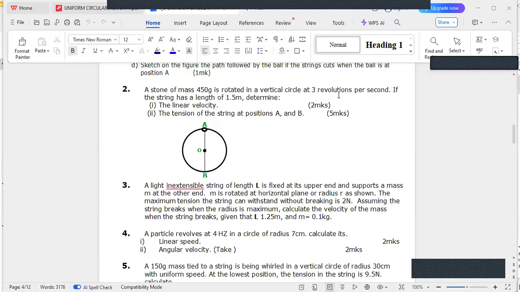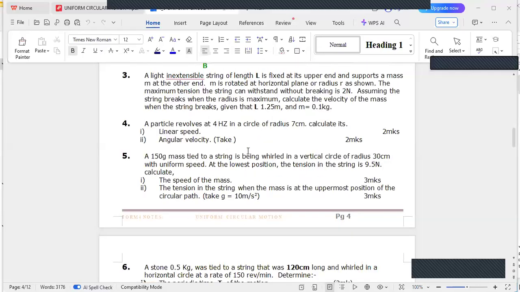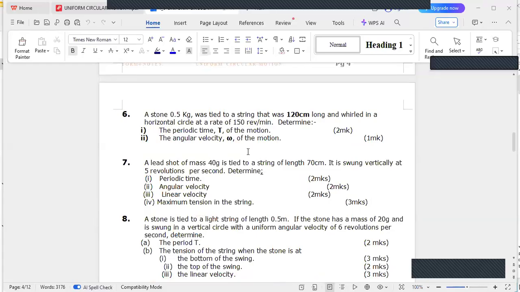That's the tension at B. 244.26 newtons at B, and at A, 235.26 newtons. So that's how you approach that question, which is very common.